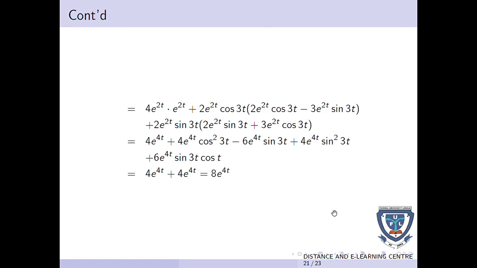Now when you continue with the expansion and collection of terms, you're going to have 4 exponential 4t plus 4 exponential 4t, and that will give us 8 exponential 4t.